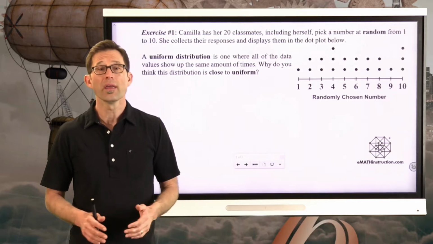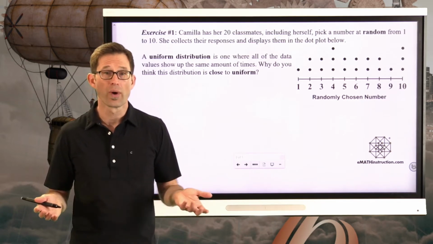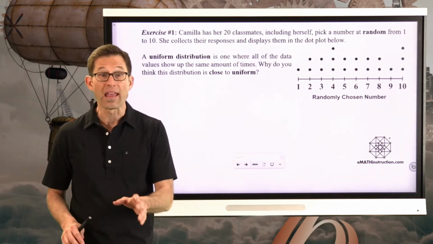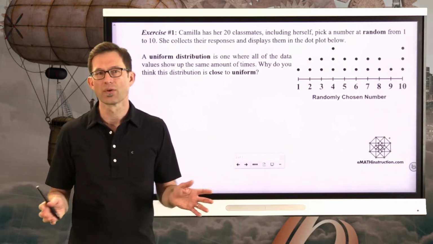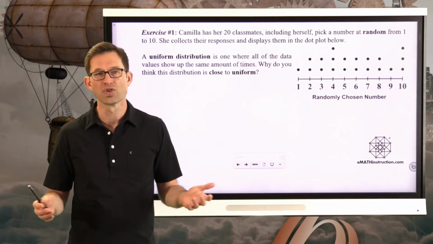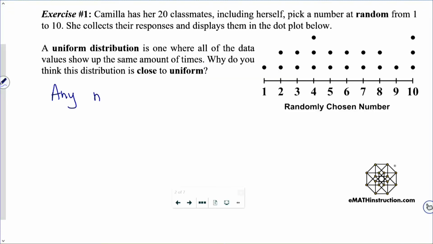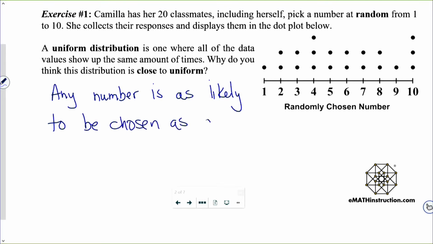Well, it's pretty simple. If the students are really choosing numbers at random, if they're just like, 7 or 3 or 8, then any number is as likely to be chosen as any other number.